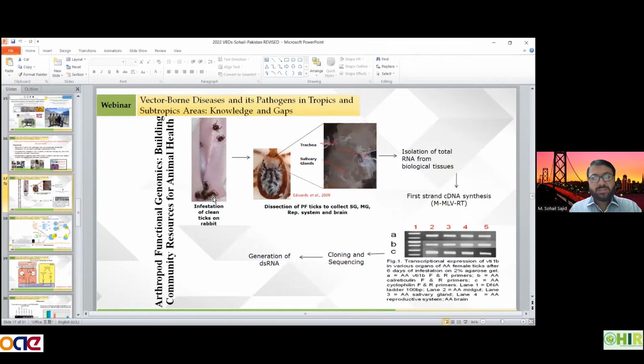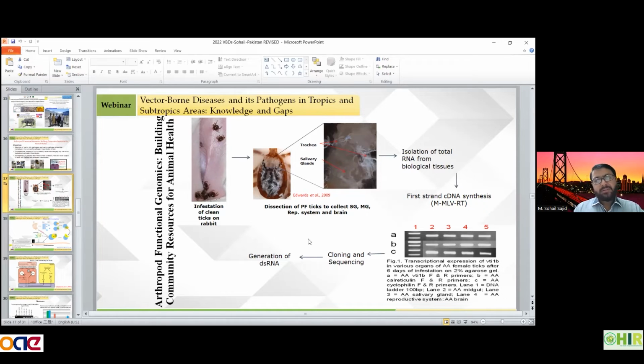What we did was rear the ticks on rabbits using the animal institutional guidelines, and then we dissected them for procurement of salivary glands, and through first-strand cDNA synthesis, we went for some proteins like VTI1B, and we generated double-stranded RNA, and then that double-stranded RNA was induced into the ticks to have a knockdown effect, to see what kind of phenotypic and genotypic alterations could be there if we block this VTI1B protein synthesis.